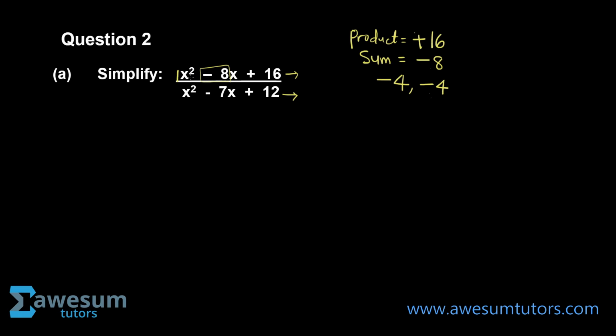So I can break down this numerator to be x squared, minus 4x, minus 4x, plus 16.